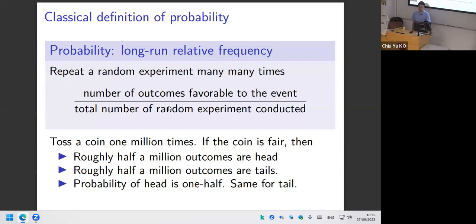This definition comes from data. From historical data you know how often this thing happened, and then you have a quantitative judgment. If you think history repeats itself, that is how you quantify that an event is more likely than others.